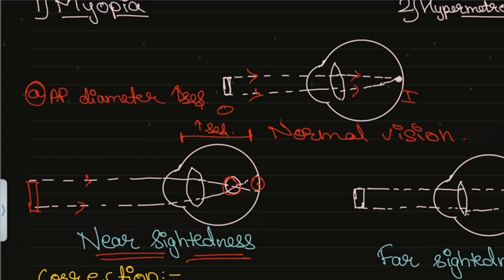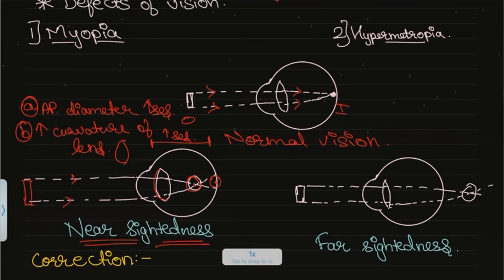Or the second thing is an increase in the curvature of the lens. If the front surface of the lens is excessively curved, the image will be formed in front of the retina. These two are the causes which we find in myopia.